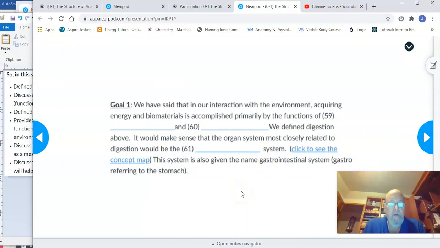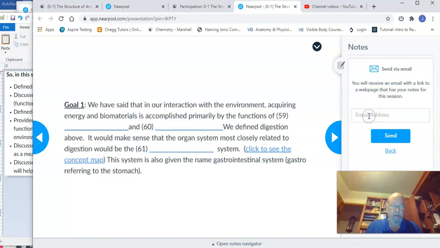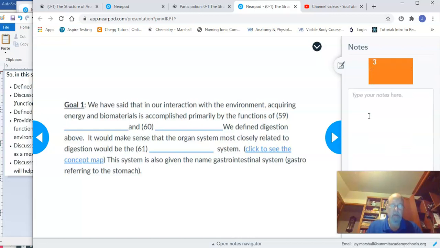So we said that in our interaction with the environment, acquiring energy and biomaterials is accomplished primarily through the functions of digestion and metabolism.